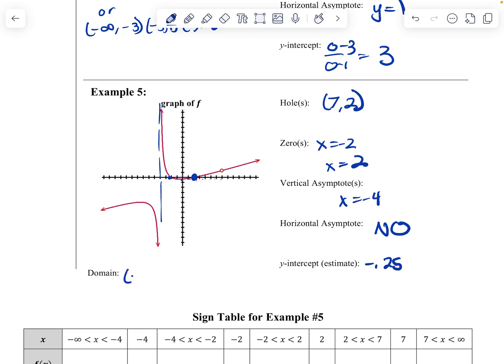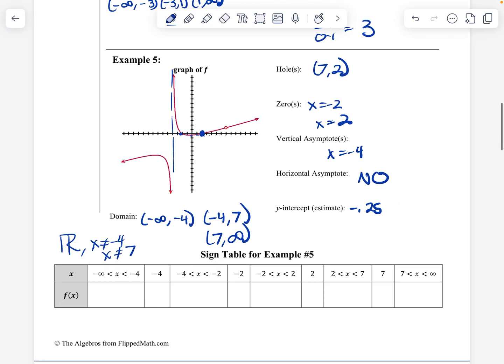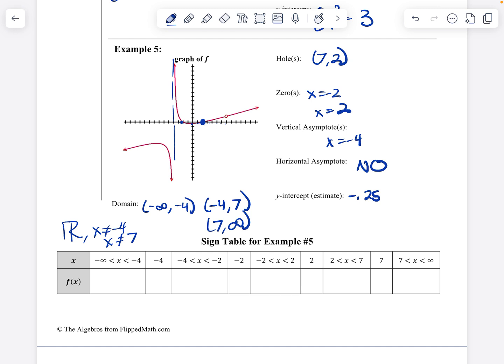So our domain goes from negative infinity to negative 4, negative 4 to our hole, and then our hole to infinity. Or you can say all reals, x can't equal negative 4 and x can't equal 7. And so this is just a little sign chart here. So it's asking us, is it positive, negative, or 0? So from negative infinity to negative 4, it's negative. At negative 4, it does not exist.